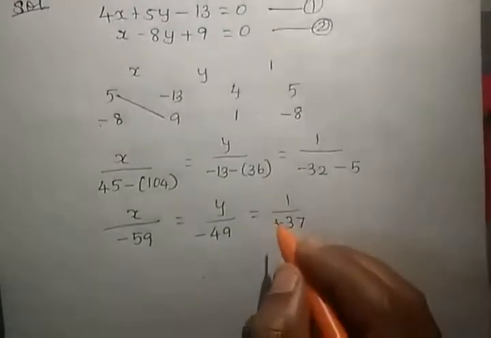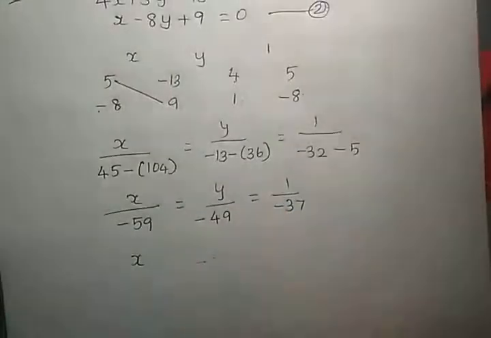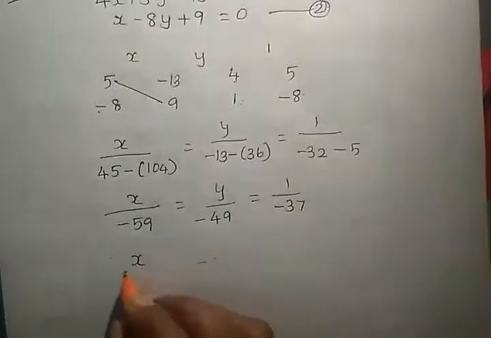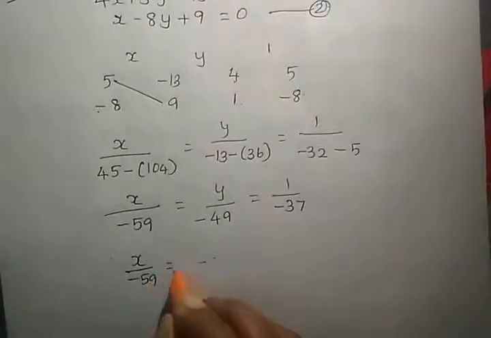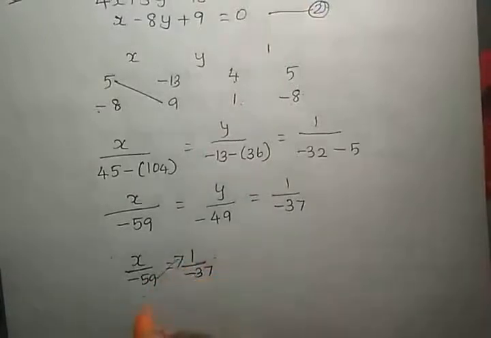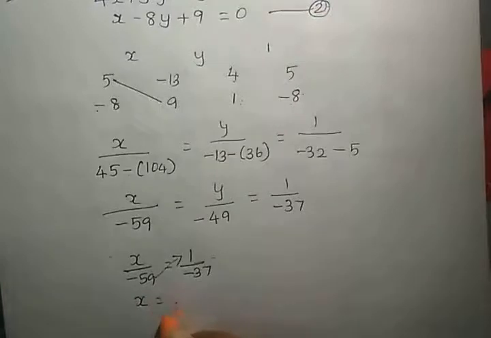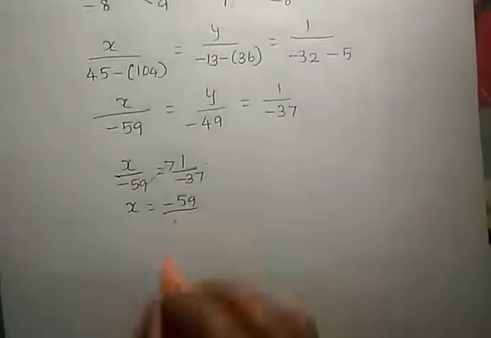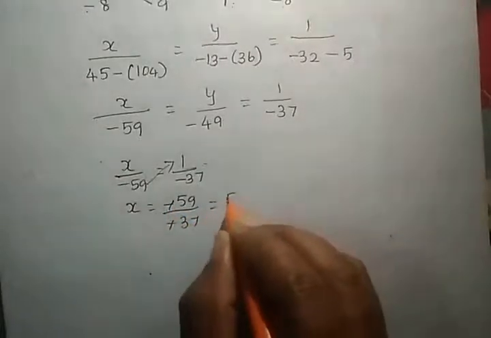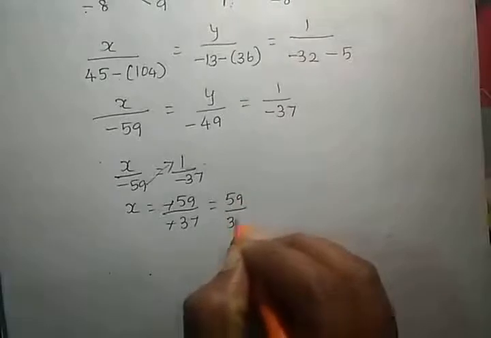So compare the x term and constant term. x by minus 59 is equal to 1 by minus 37. Bring the 59 to the opposite side. So x is equal to minus 59 by minus 37. Minus minus cancel. So the x value is 59 by 37.